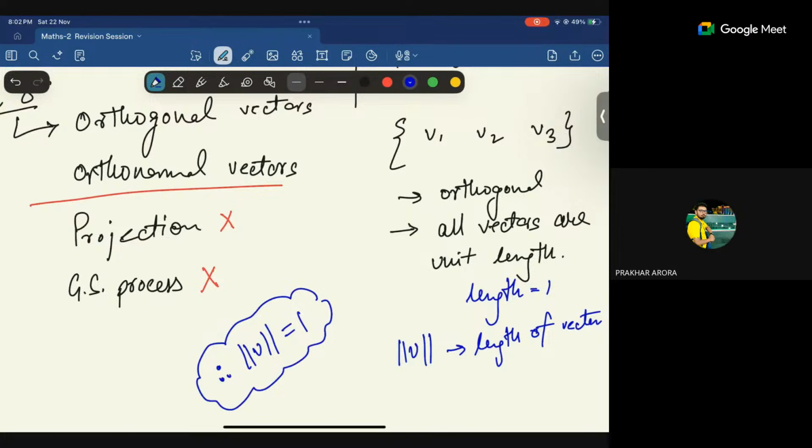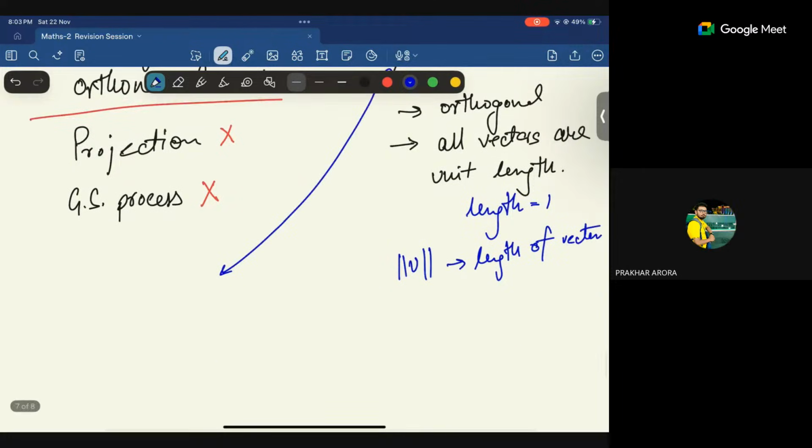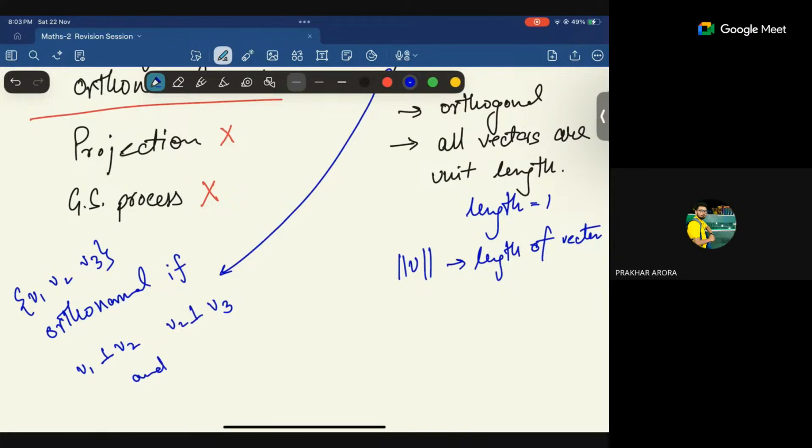Let me write it for this set. For this set, v1, v2, v3 are orthonormal if v1 is perpendicular to v2, v2 is perpendicular to v3, and v1 is perpendicular to v3.